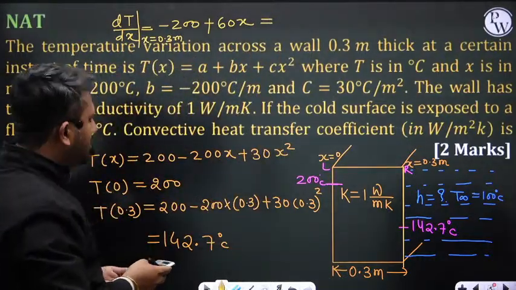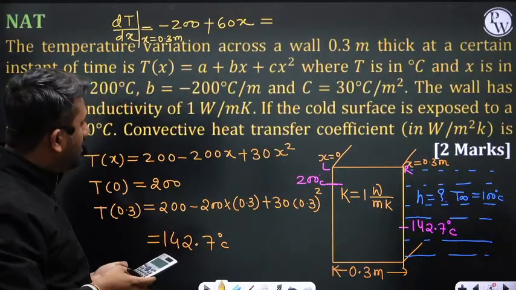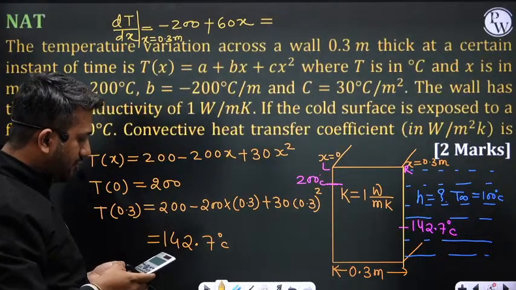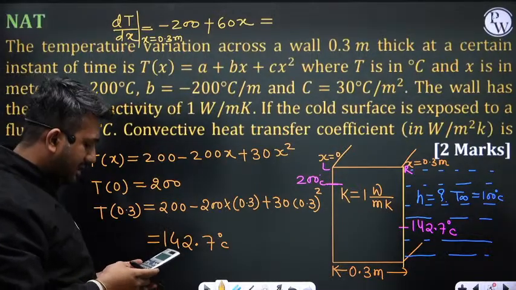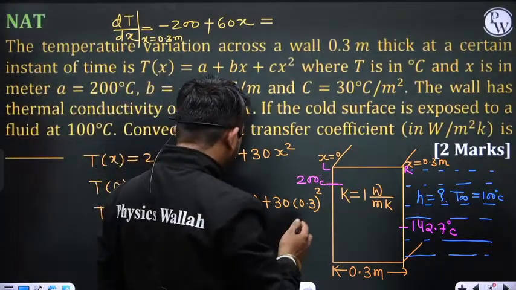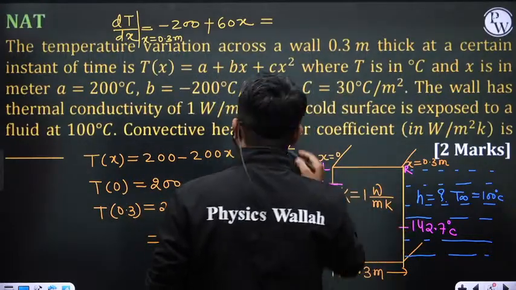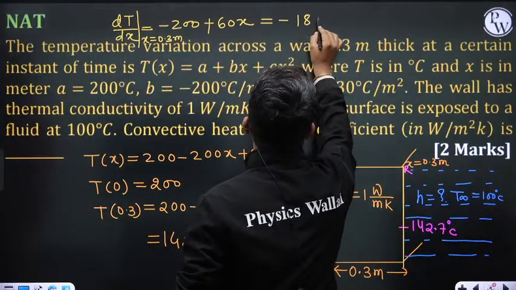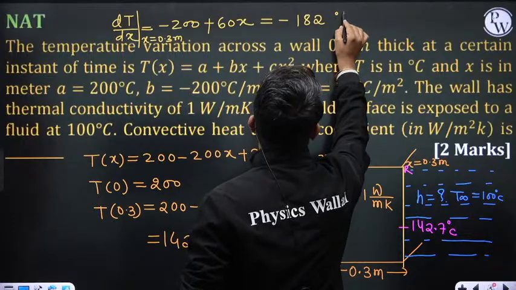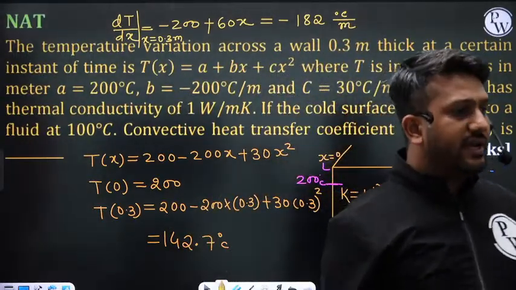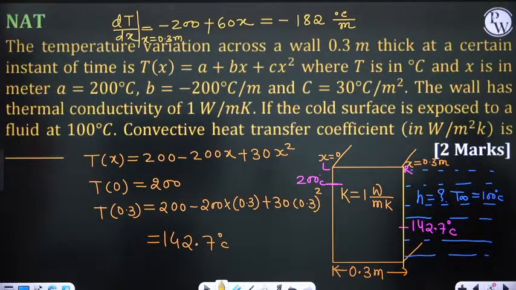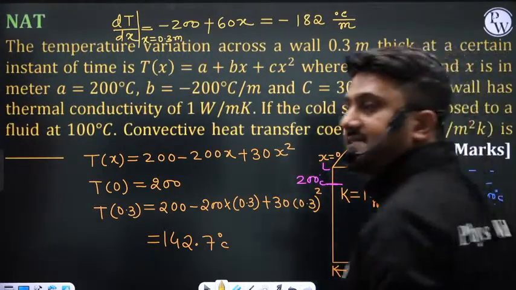So this is minus 200 plus 60 into 0.3, which comes to minus 182 degrees Celsius per meter. Is it clear or not?